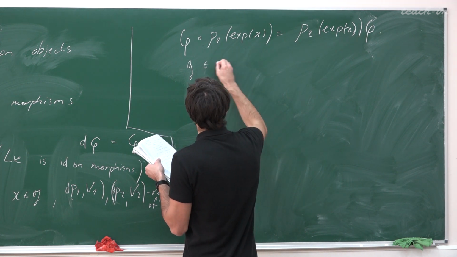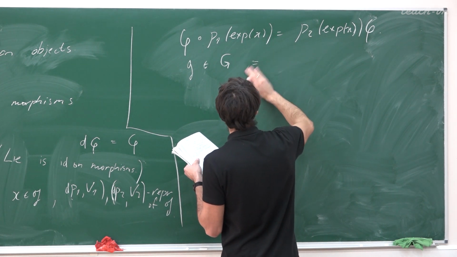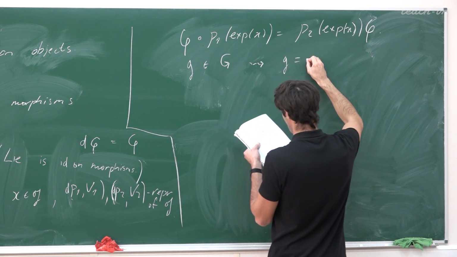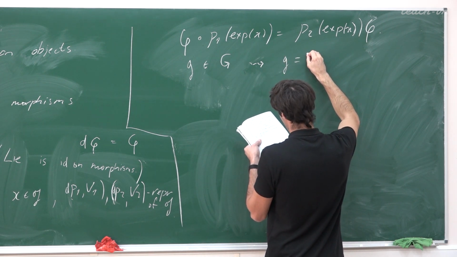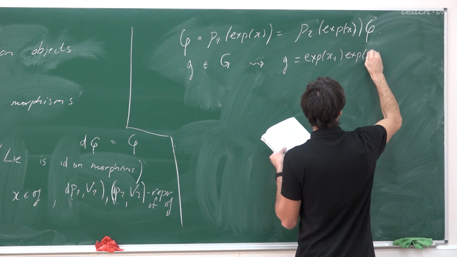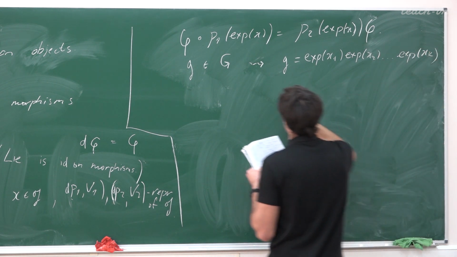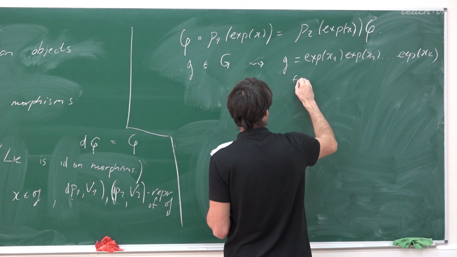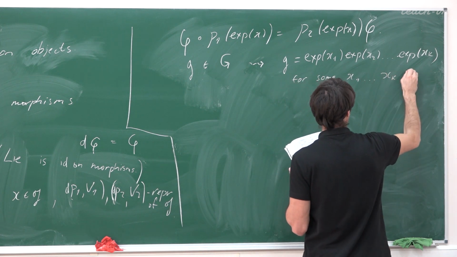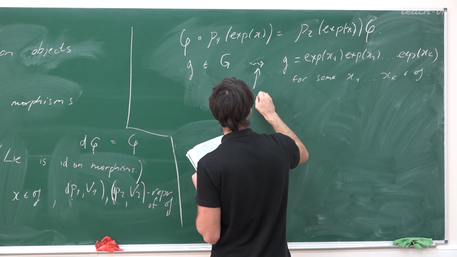If I take g in G, then I can write it as exp x1, exp x2, up to exp xk for some x1, ..., xk in the Lie algebra. So we use connectedness, because G is connected.